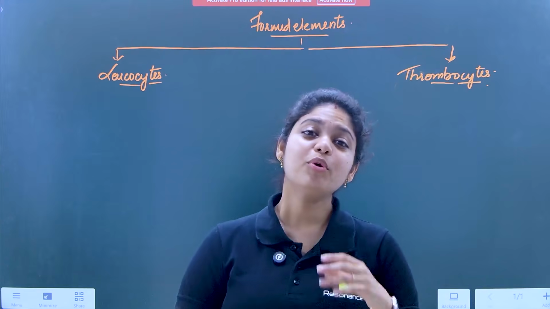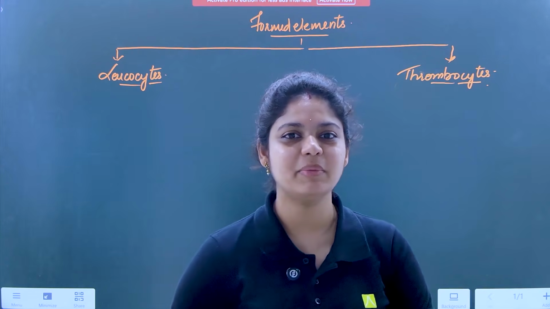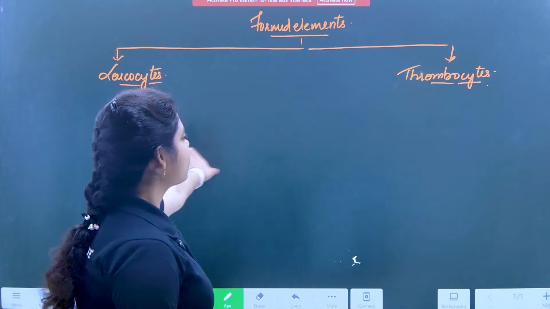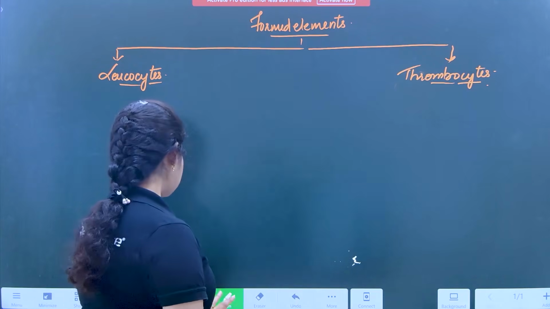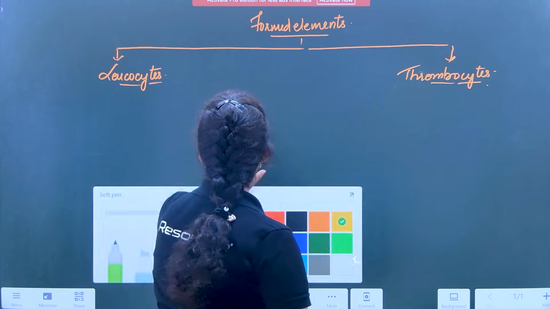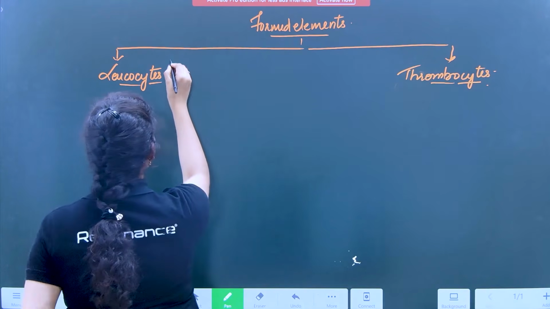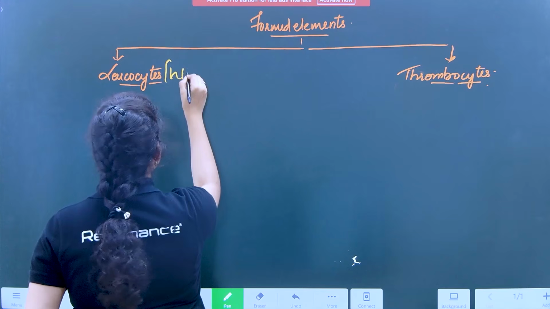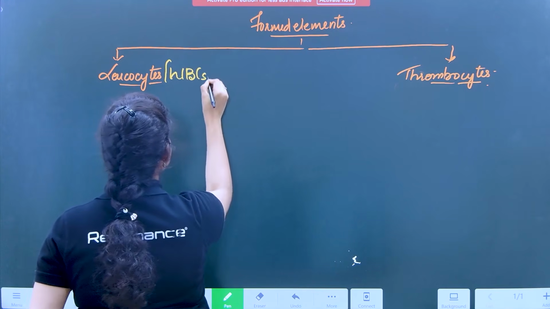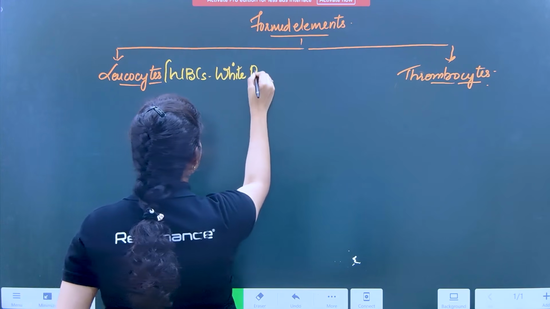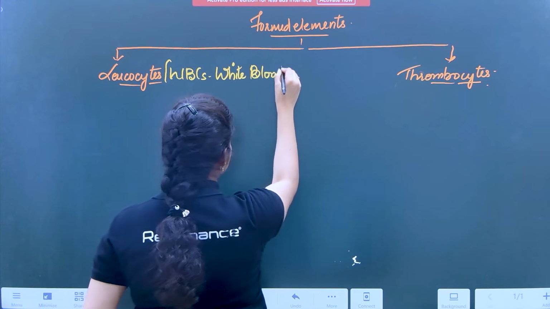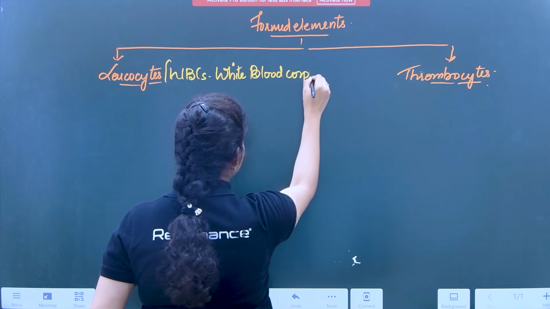Okay, now moving on to the remaining formed elements, that is leukocytes and thrombocytes. First, let us see about leukocytes. What are leukocytes? WBCs, which means white blood corpuscles.